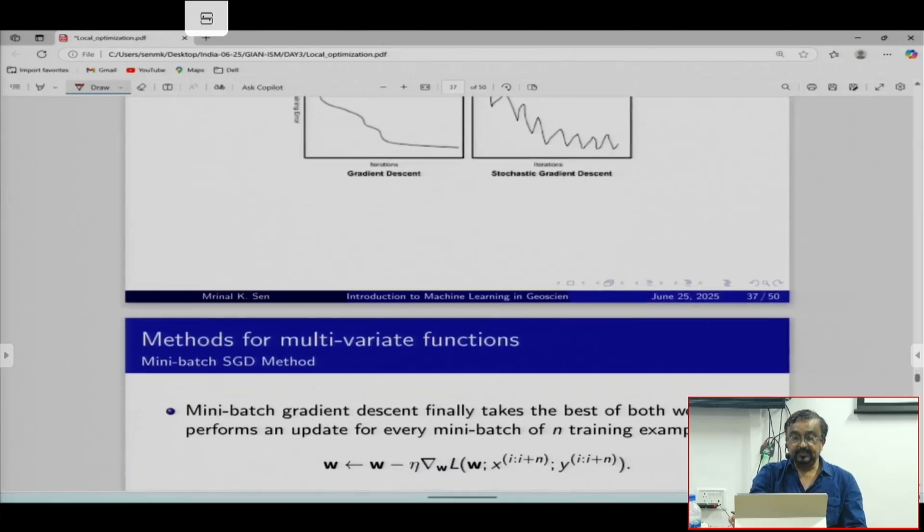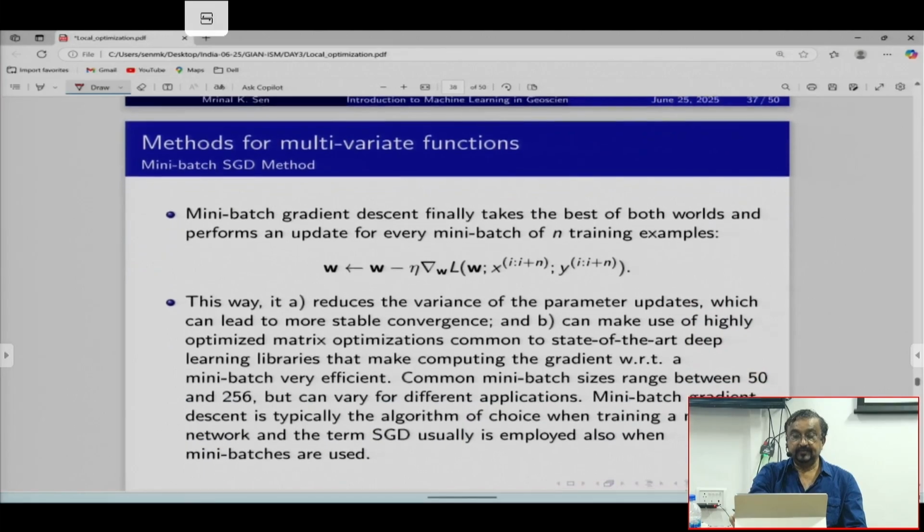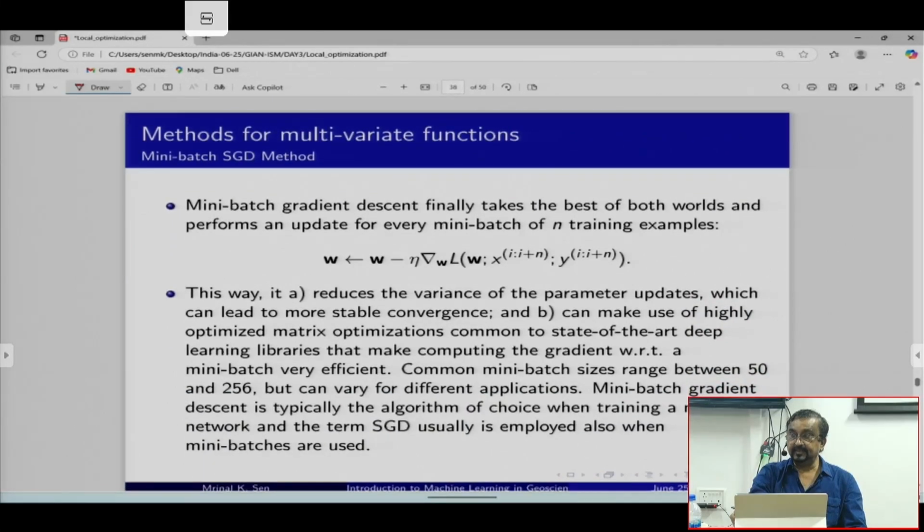There is another method called mini batch stochastic gradient descent. And that's actually quite beautiful. What it says is that rather than picking one data point at random, I can pick some batches of the data. That is more powerful. For example, when you do machine learning exercises, you have, say, 100,000 data points or data vectors.